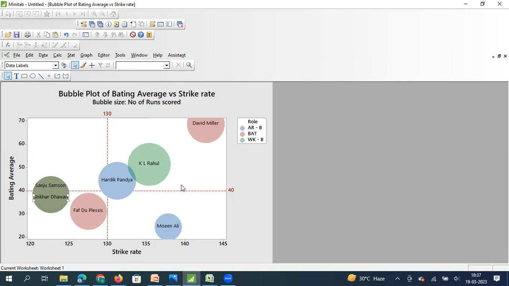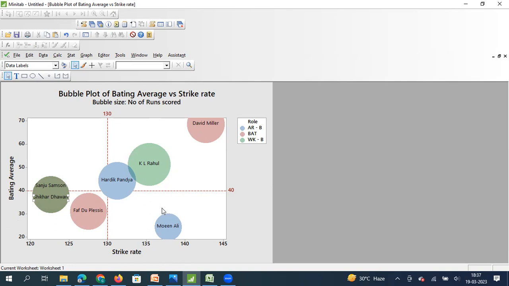Like bowling or wicket keeping. So from that perspective, I have analyzed the performance of players in terms of their batting average, strike rate, number of runs scored, and also whether they are multi-dimensional players based on the role that they play in the team.